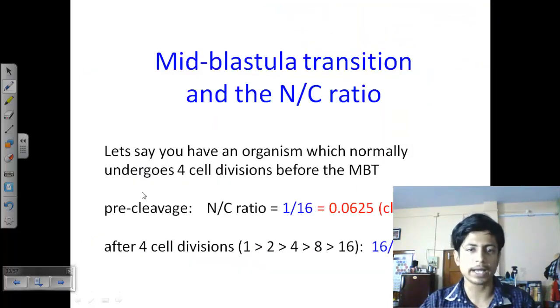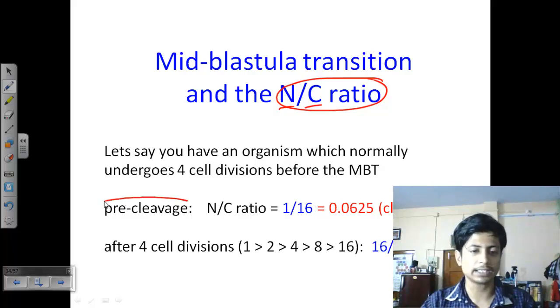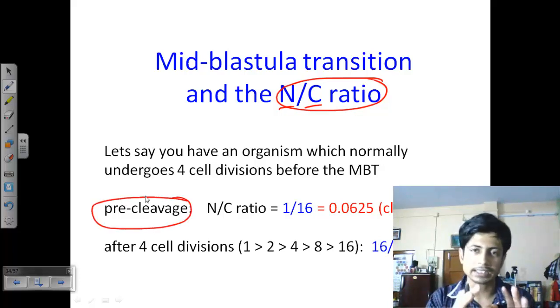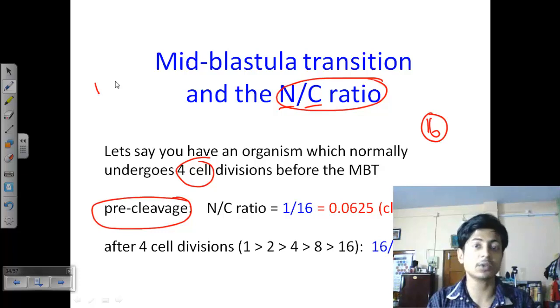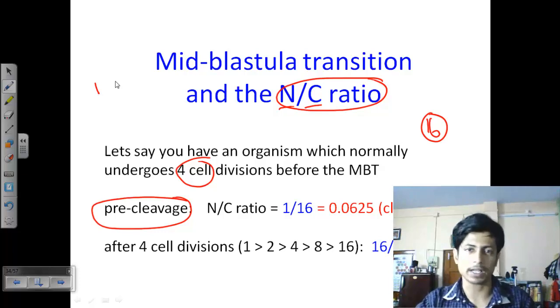So what determines this mid-blastula transition? The mid-blastula transition is hugely dependent on the nucleus to cytoplasm ratio, or NC ratio. Now remember, at the beginning of the cleavage, that is the pre-cleavage time, where the zygote is formed and no cleavage is done, we have one nucleus, and let's say that zygote after 4 cell divisions will produce 16 cells, by dividing its cytoplasmic content.